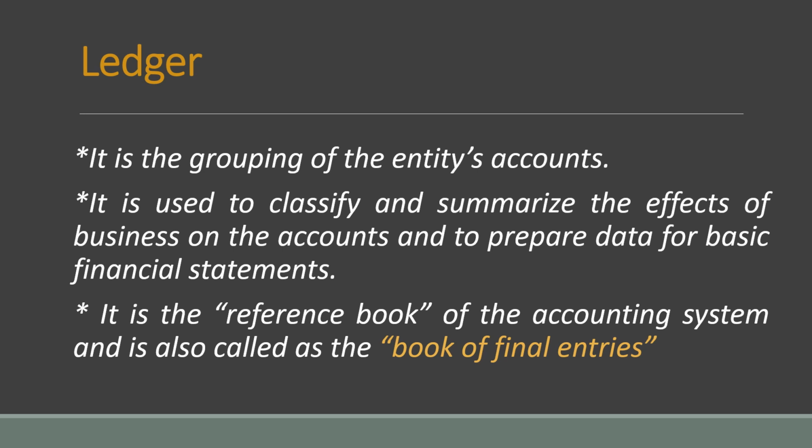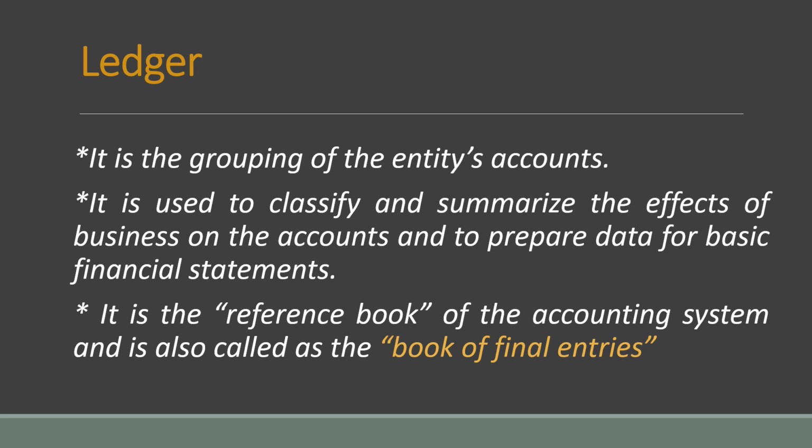So in the general ledger, there are two general groups of accounts, and this is called as the balance sheet or permanent accounts. So ano yung mga typical na permanent accounts? So these are the asset accounts, liabilities accounts, and owner's equity accounts. And meron din tayong tinatawag na temporary accounts or income statement accounts.